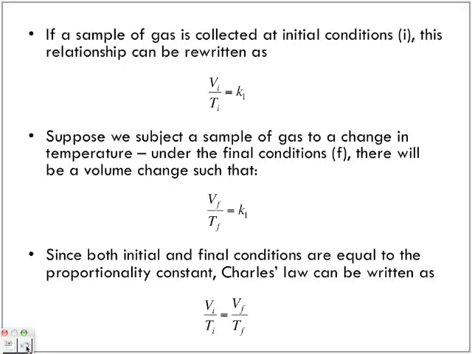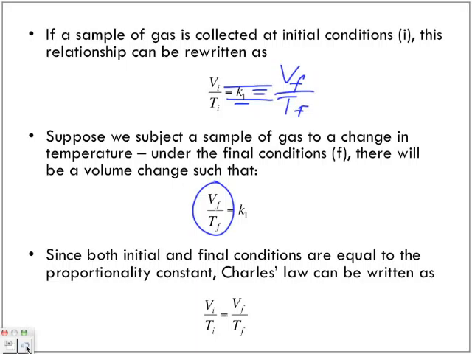And really what this is, if K1 is equal to our initial volume over our initial temperature, remember, K1 is also equal to this, our VF over TF. So we don't want to show all this. We can ignore this K because we know that the pressure has to be constant. So we just use a big equal sign to represent both of them.